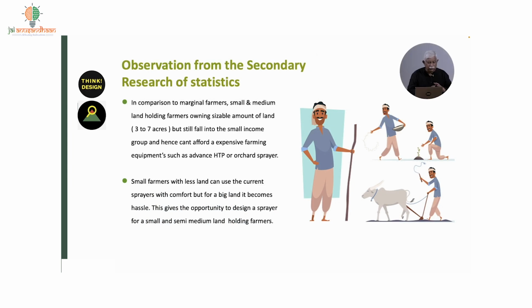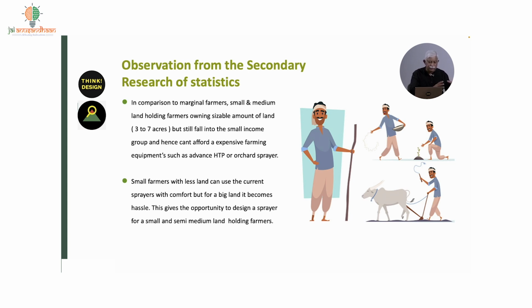The student also looked at inputs from the secondary research and the statistics, and he realized that there are a lot of marginal farmers. They hold small pieces of land from 3 to 7 acres. Their income is not that much for them to afford high-end equipment for spraying. So that was one finding he had.